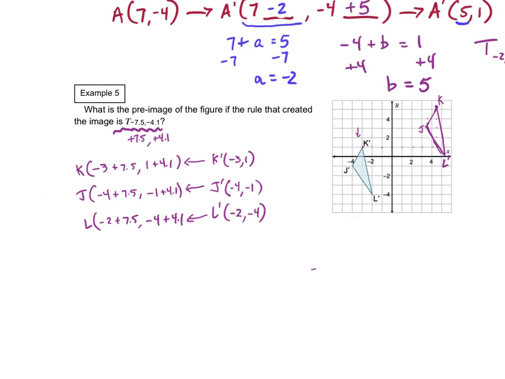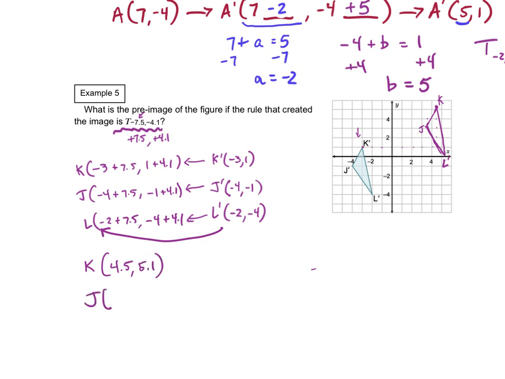Again, what am I doing? In order to get from where I ended up to where I began, I had to reverse the translation. So it turns out that K was originally (4.5, 5.1).